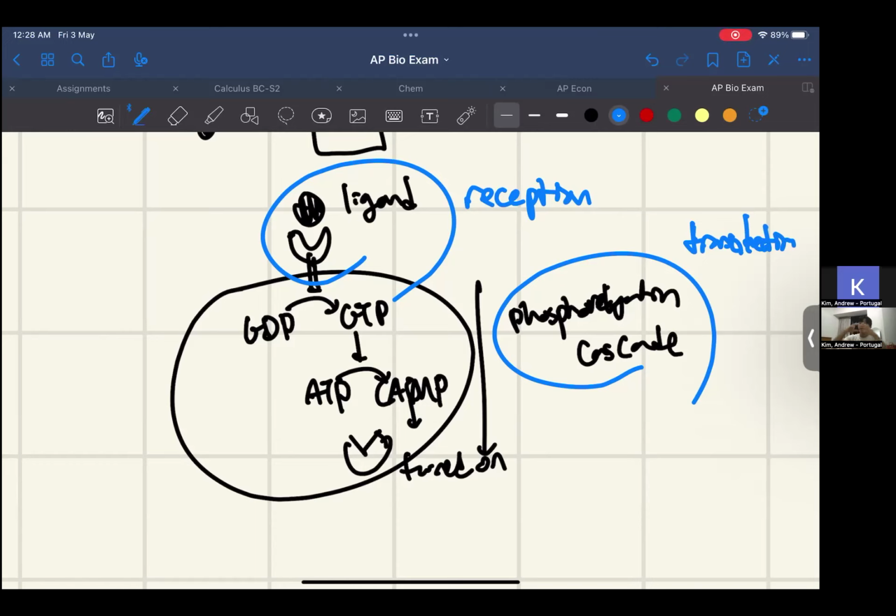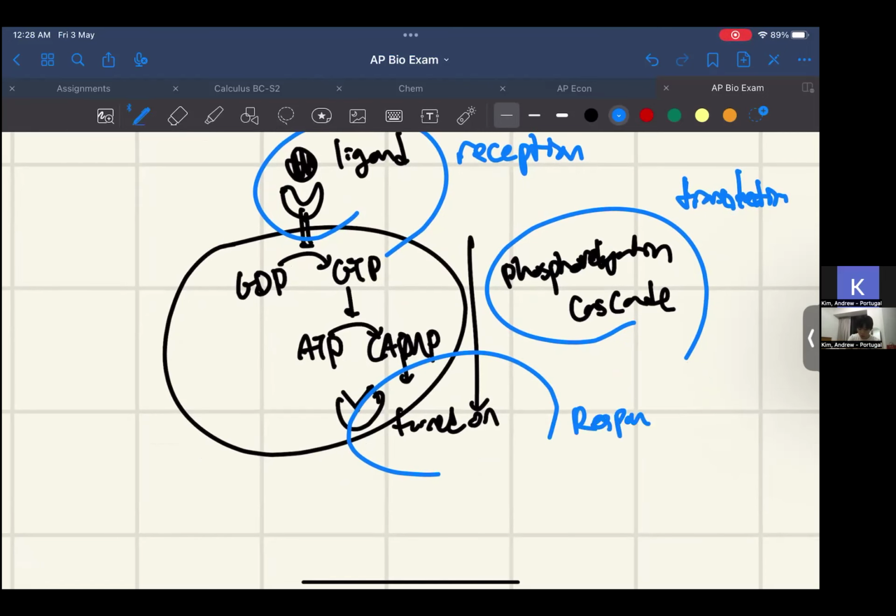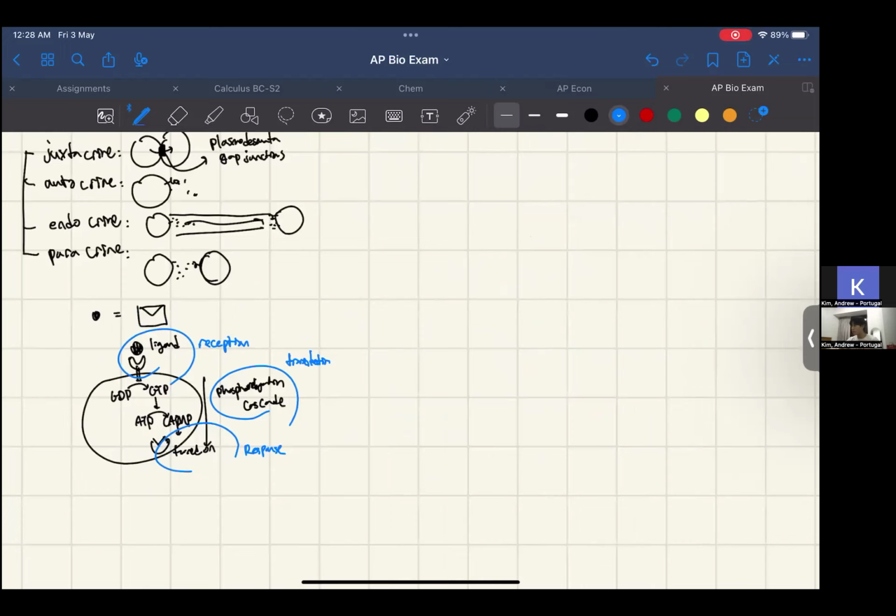So transduction is this phosphorylation, this cascade of reactions that happen because of the chemical component that is being bound to the reception site. Last is response. Of course, as a result of this cascade of reactions, a response will happen, and the response is normally an enzyme being turned on, and thus the cell serving a certain role that it used to not. Okay, so those are the 3 steps of cell communication.